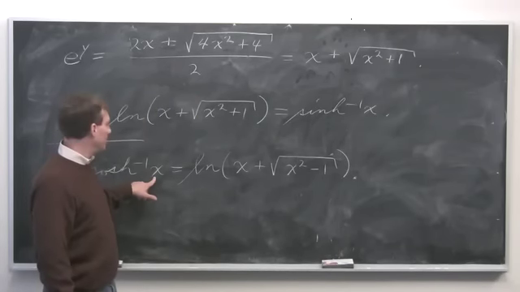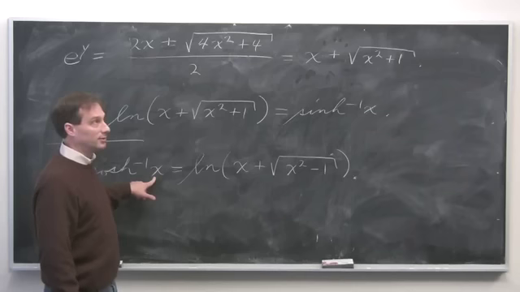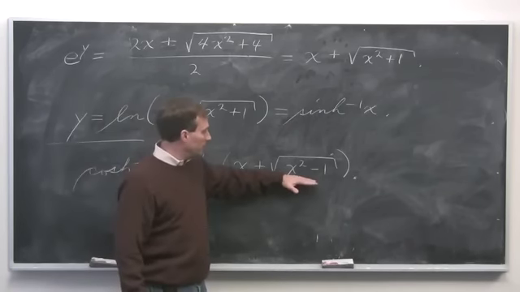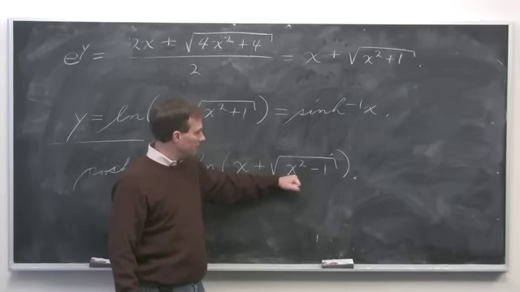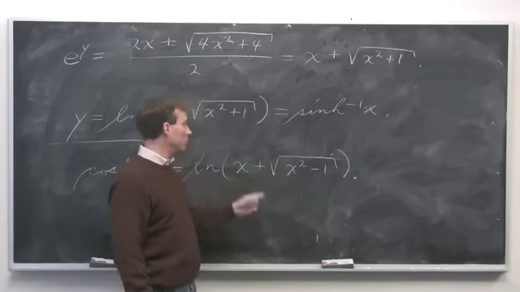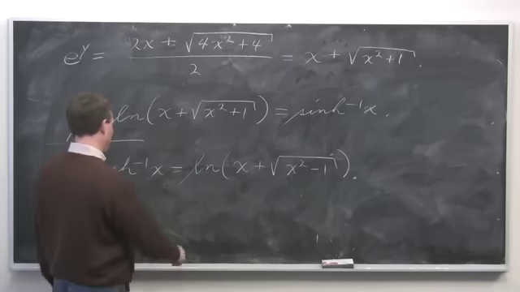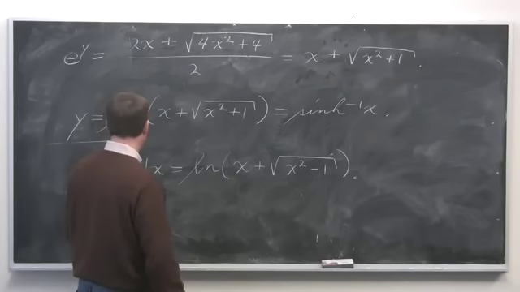Inverse hyperbolic cosine, its domain is all numbers greater than or equal to 1. Well, good, because if you put in something between 0 and 1, like a half, the square root would be undefined. This is what you get for inverse hyperbolic cosine.